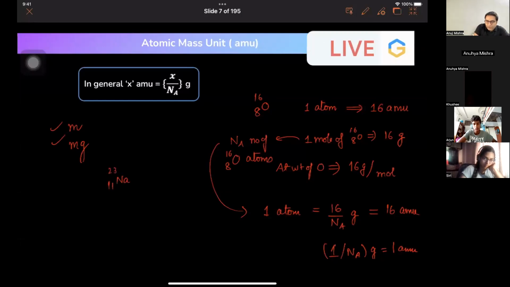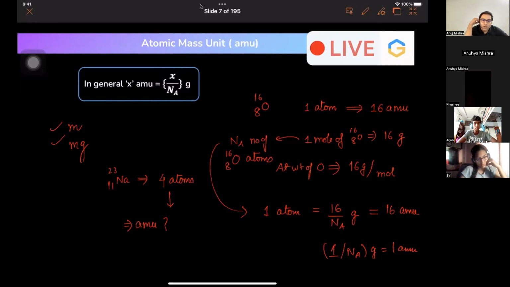Okay, now let me ask a question and everybody will answer. 11Na23. I have 4 atoms of this. So how many AMUs do I have? Let's see if you can answer in the chat box, everyone. Excellent.